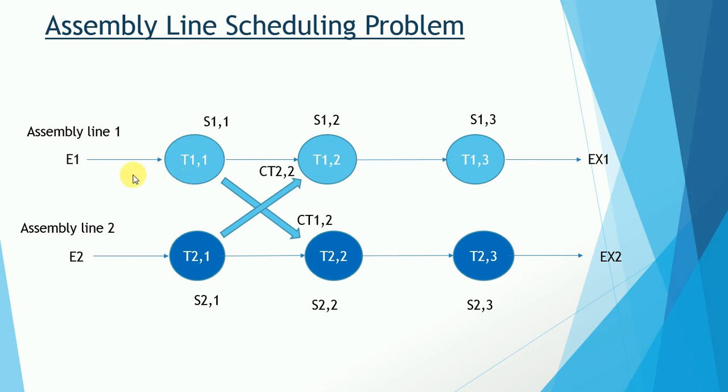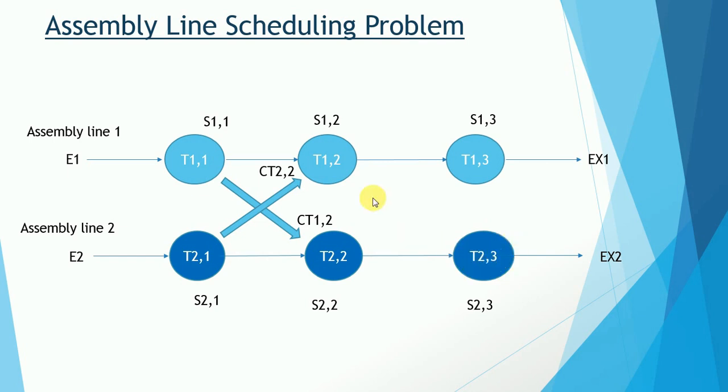So if a chassis is over here, the first 1 indicates it is assembly line 1 and the second 1 indicates that it is station number 1. So T11 indicates the time taken at this particular station in assembly line 1. Similarly, T23 indicates the time taken in station number 3 in assembly line 2.